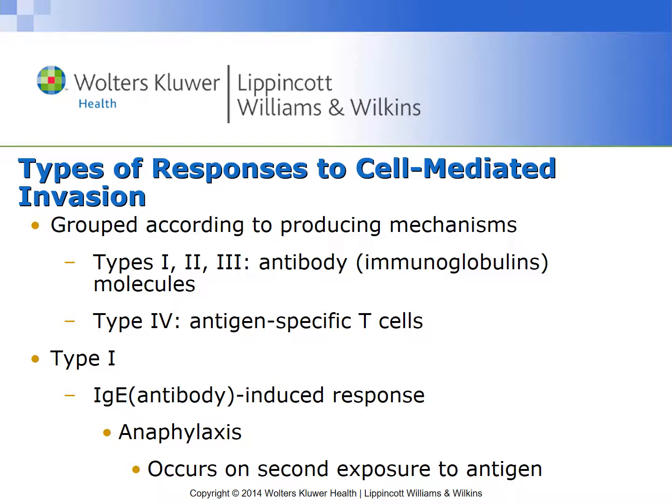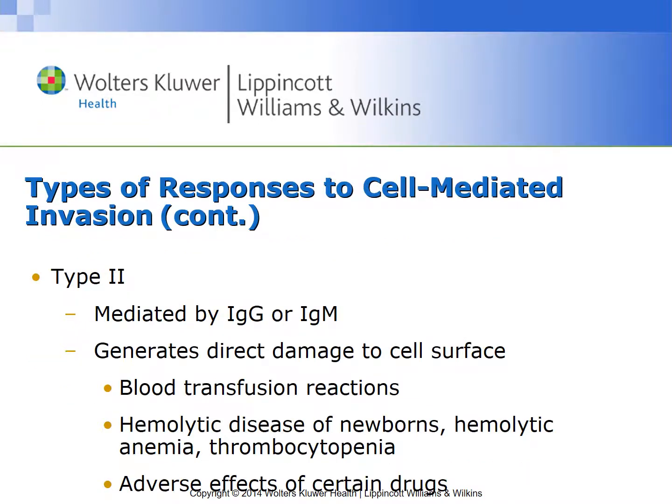This is where epinephrine is going to be used, which is an adrenergic agonist, and we will also use antihistamines to block the production of the histamines, the response of the histamines.